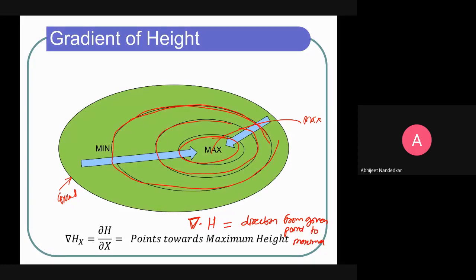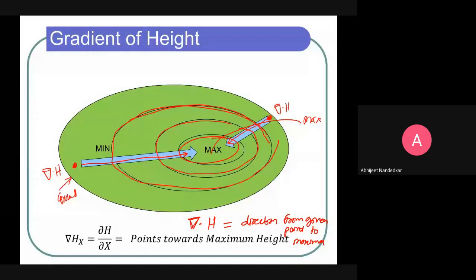Suppose you are standing here. If you find the gradient of h here, then this will be the direction of the gradient vector. If you stand here, then this will be the direction of del h.